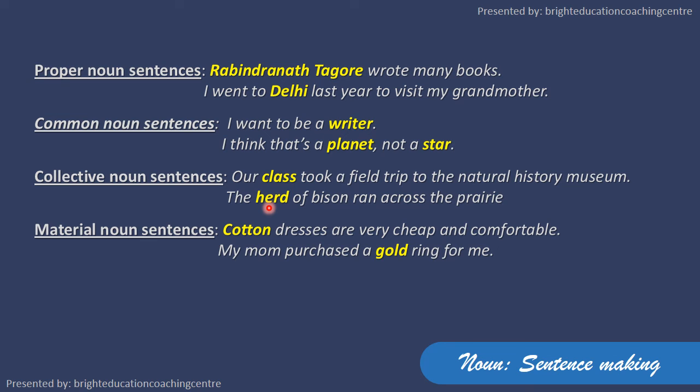Material noun. We just discussed earlier that any material, any substance belongs to material noun. For example, cotton dresses are very cheap and comfortable. So the word cotton belongs to a particular material, hence it will be considered a material noun. My mom purchased a gold ring for me. The word gold belongs to a material, hence it will be considered a material noun.